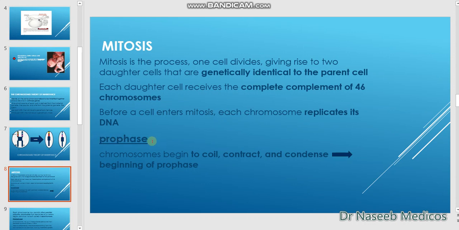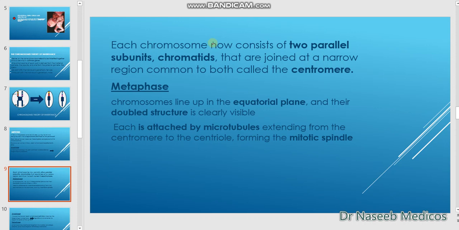This phase is called prophase. In prophase the chromosomes begin to coil, contract, and condense. Each chromosome now consists of two parallel subunits, chromatids, which are joined through the centromere. Then the metaphase.